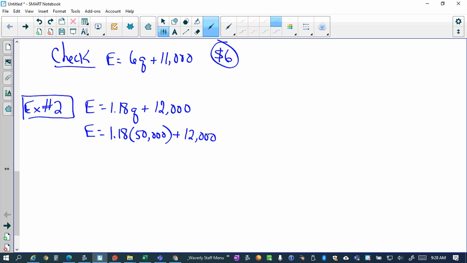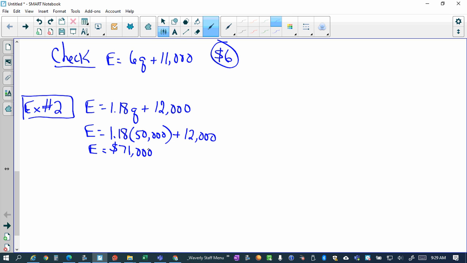So what is that expense? You put it in your calculator. It's $71,000 to make 50,000 of them. Do we agree? For all the 50,000 together, it costs $71,000.